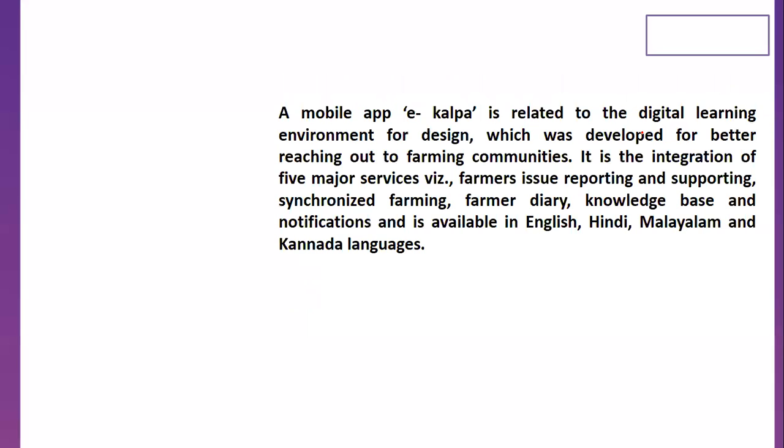So now let's have a look. We have done this, but if any of you have not revised it or are not able to recall, here it is once again for your revision. A mobile app, that is e-Kalpa. See, it is written minutely, make a note or concentrate and understand. e-Kalpa is nothing but a mobile app related to the digital learning environment for design, which was developed for better reaching the farming community.